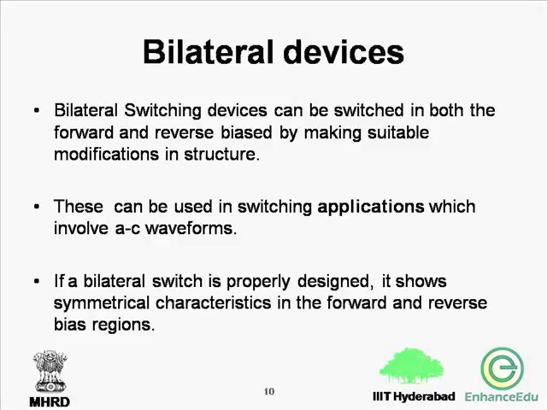Such a device is a bilateral switching device. These can be used in switching applications which involve AC waveforms. If the bilateral switch is properly designed, it shows symmetric characteristics in the forward and reverse bias regions. Thank you.